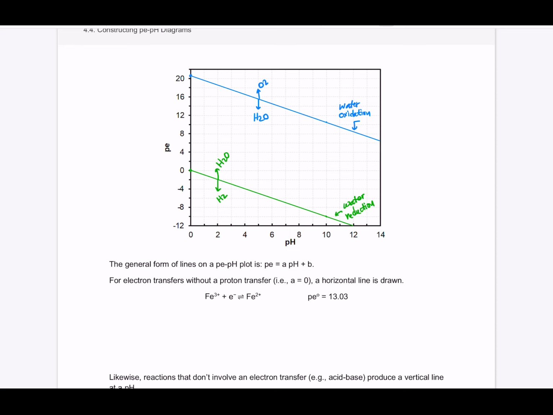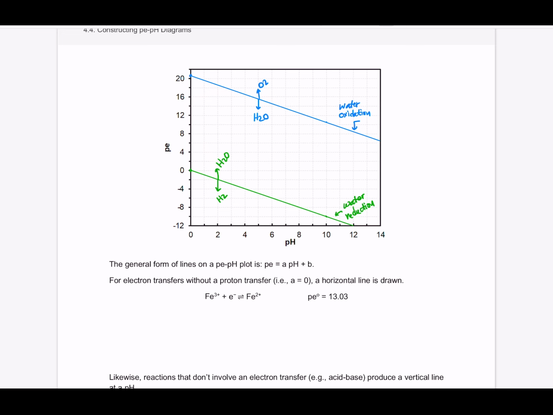So it seems we have three regions: the hydrogen region, the water region, and then the oxygen region. Whatever could happen, redox, acid, base, anything in terms of speciation, must happen in this window.